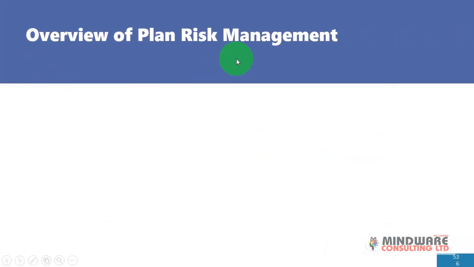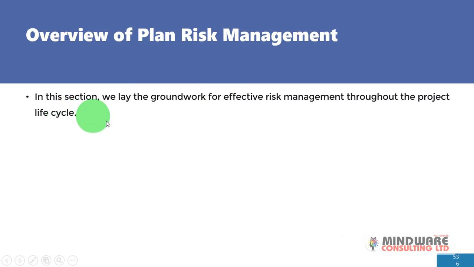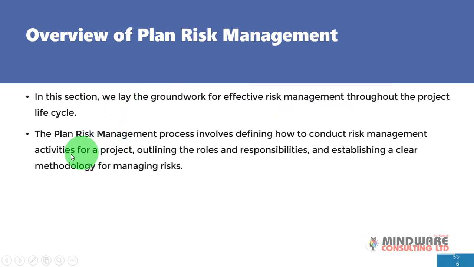Now, first is an overview of what this process is about, the plan risk management. In this section, we lay the groundwork for effective risk management throughout the project life cycle. The plan risk management process involves defining how to conduct risk management activities for a project, outlining the roles and responsibilities, and establishing a clear methodology for managing risks.